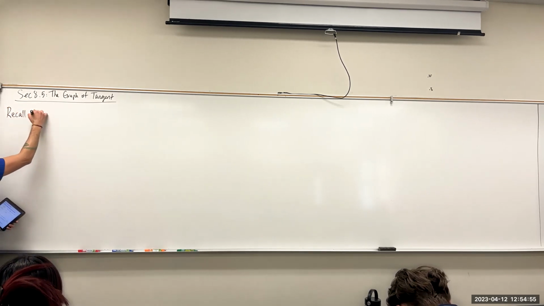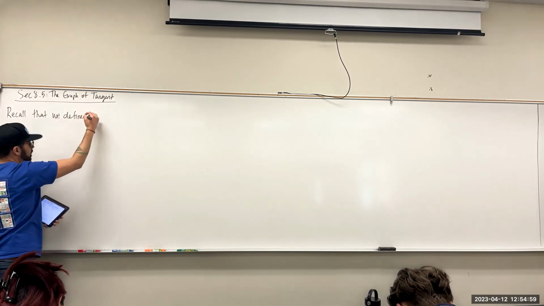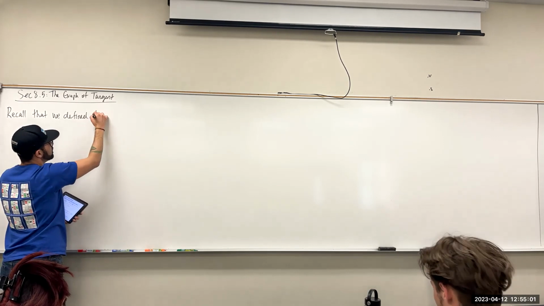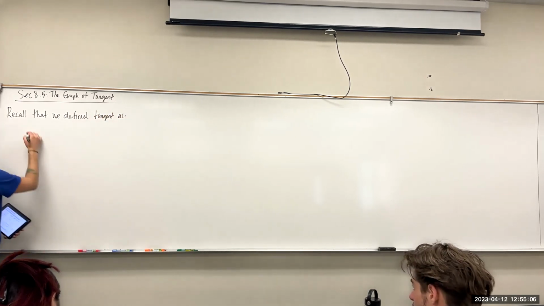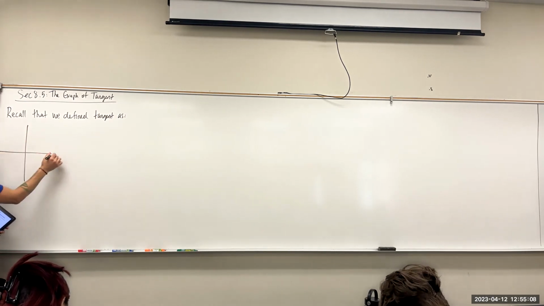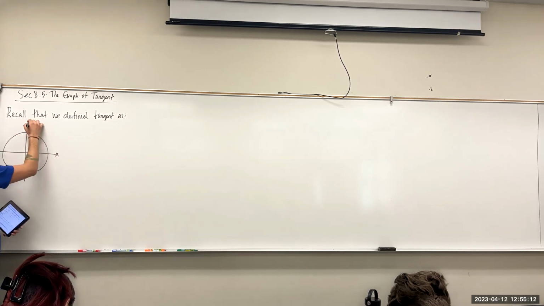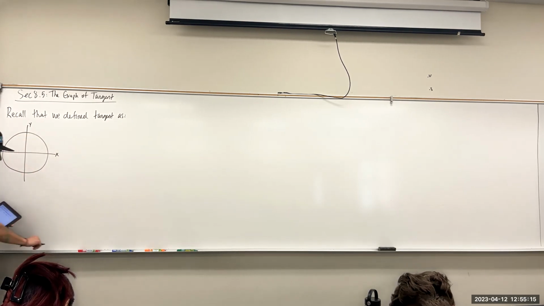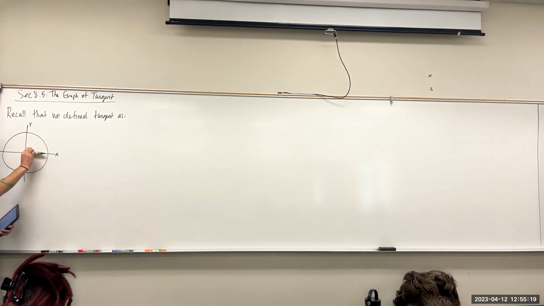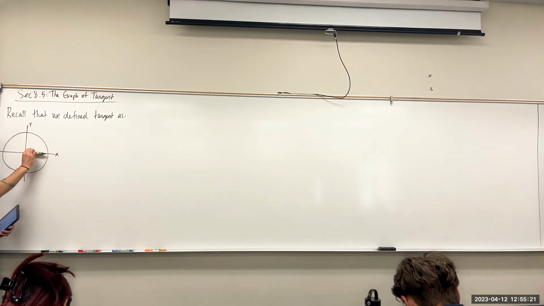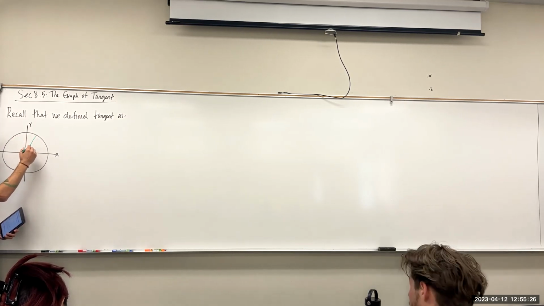So recall that we defined tangent as we had the unit circle, or at least the way we defined it here in class. You've got your radius in standard position on the positive x-axis, and it rotates by some angle theta.